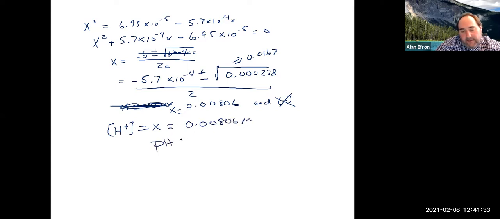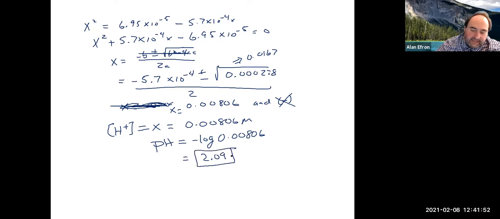Now we're good to go into our pH: minus the log of 0.00806 gets us something like a pH of 2.09, which is good because it is acidic and we're dealing with an acid, so that all makes sense.